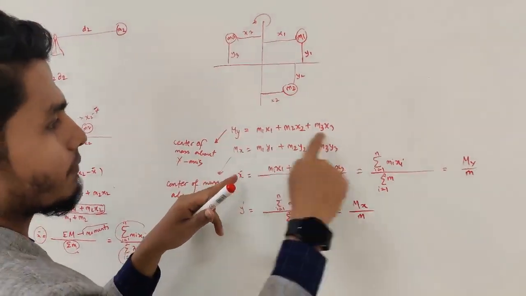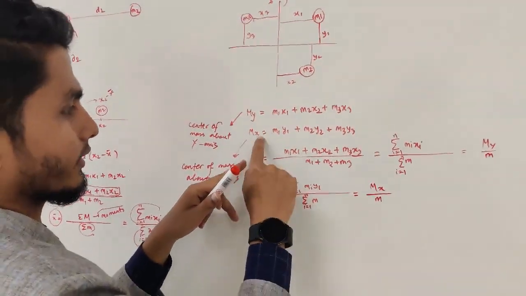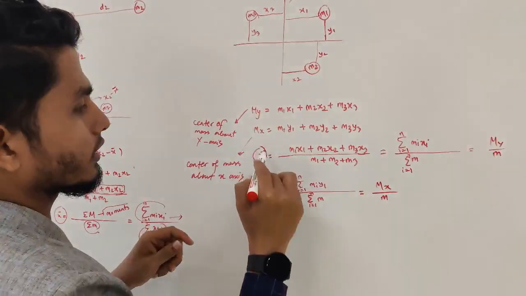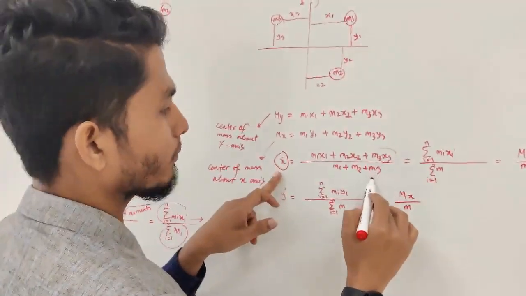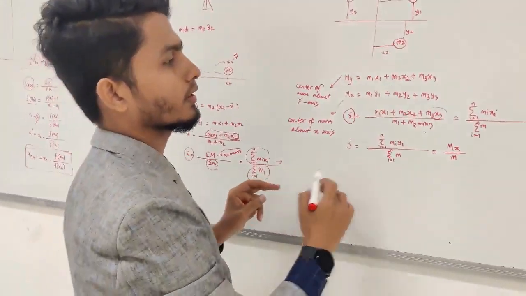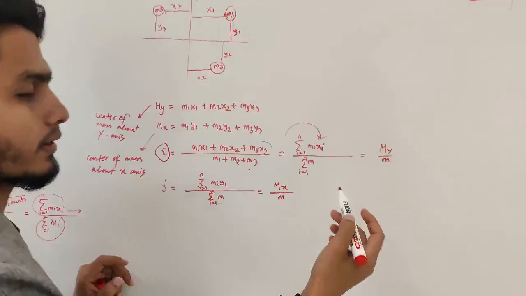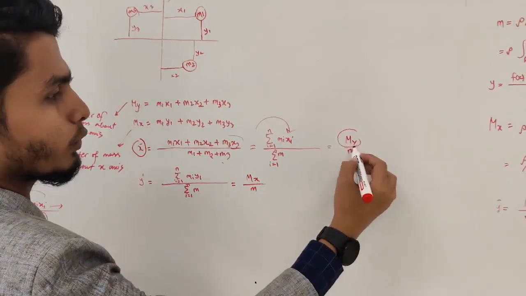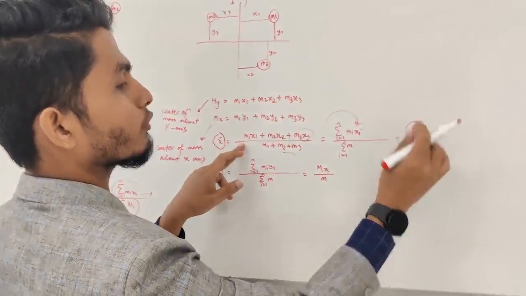This one is the center of mass about the y-axis, and this one is about the x-axis. The center of mass means the moments divided by the mass, same as we explained before. This goes for many masses, so it is the moment divided by m, because this is the total mass and this is the moment about the y-axis.